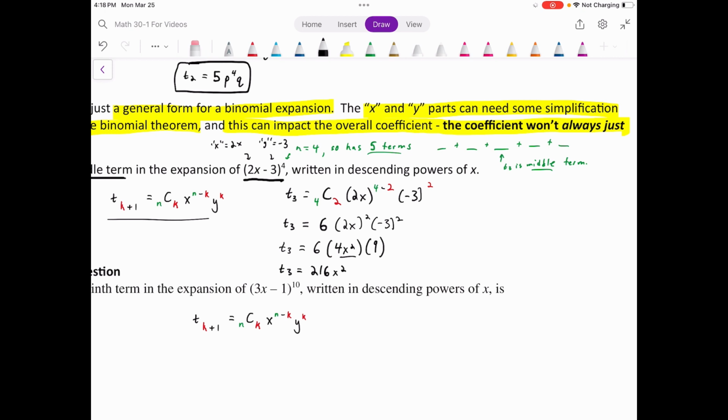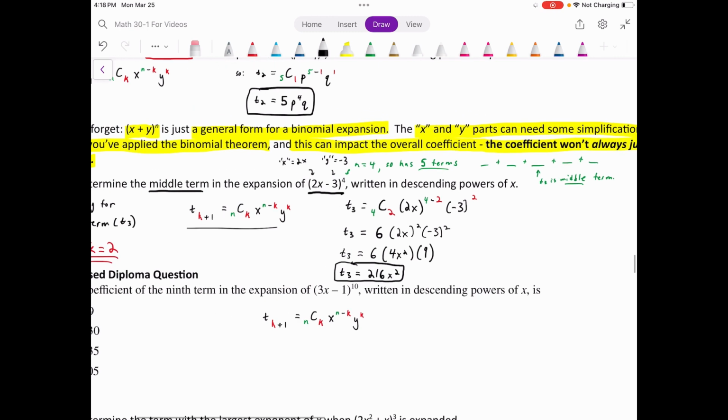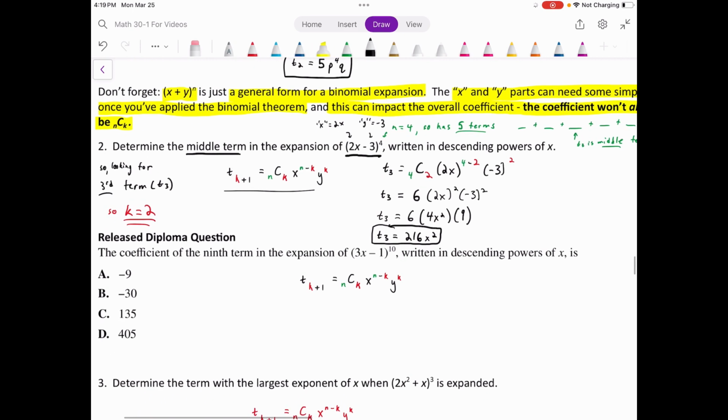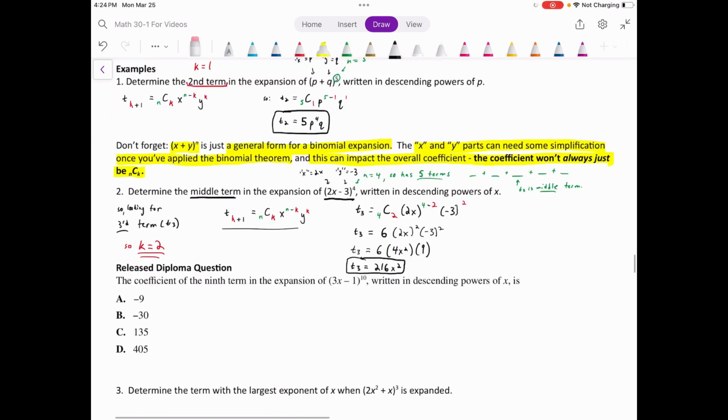The x squared is still there. We were just simplifying by multiplying the coefficients together. And there we go. We just figured out the middle term of this without ever actually multiplying and FOILing that all out, just by applying the binomial theorem. Cool, right? And so notice here, this is what I was referring to: n choose k won't always be all of the coefficient. Here we got 216.